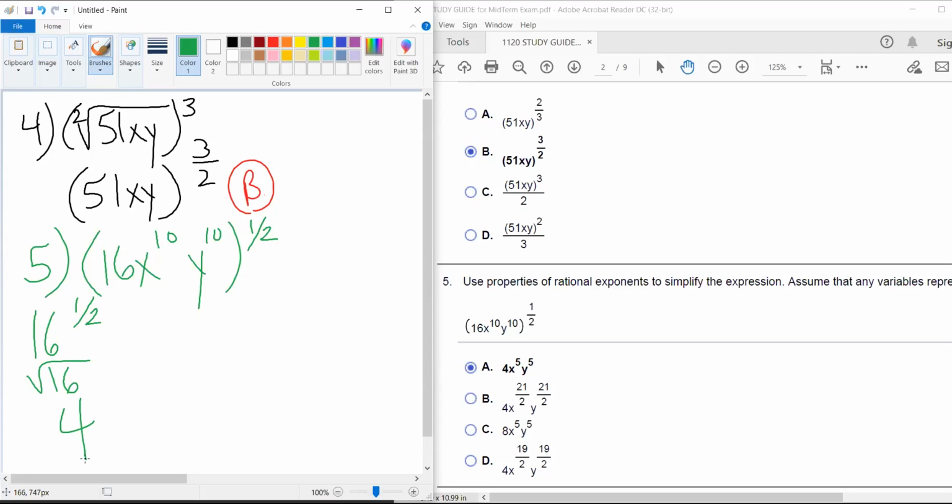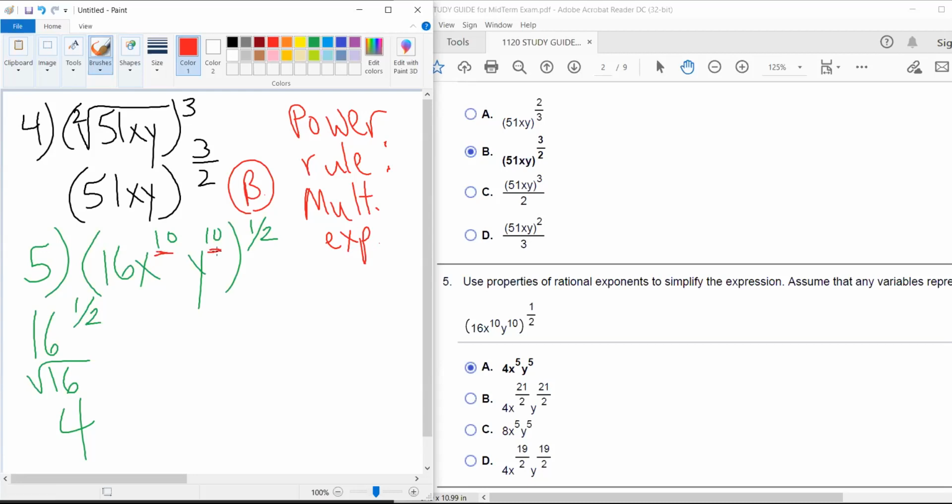So we know that part is 4. Now, anytime you are raising an inside exponent with an outside exponent, you use something called the power rule. And to utilize the power rule, you multiply the exponents.